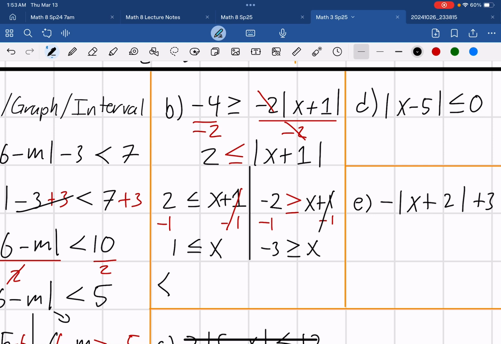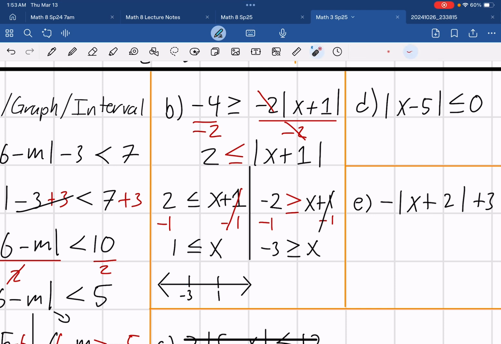Now once again, if I sketch this graph, I have two numbers of reference. That's -3 and +1.